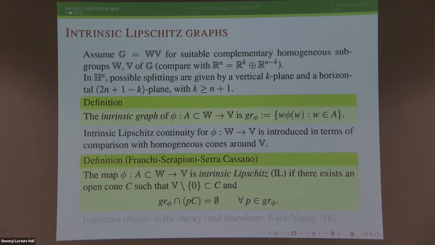So it's an open conical neighborhood of V, which has the following property. Whenever you move the cone by a left translation so that the vertex is sent to P, and you intersect it with the graph, you get nothing. And this holds for every point in the graph.